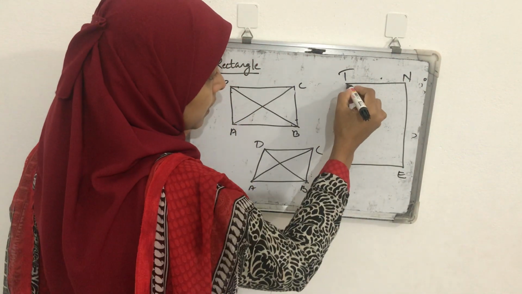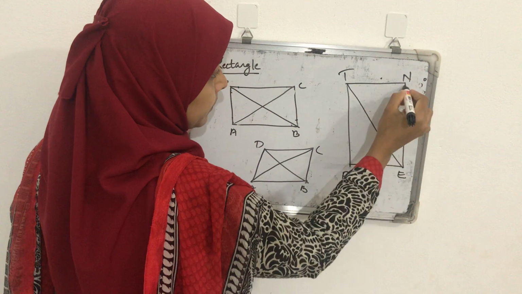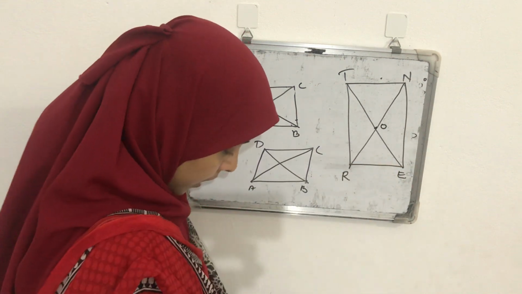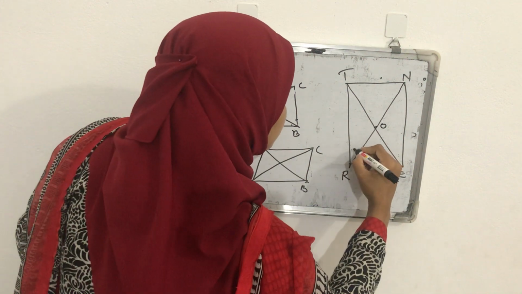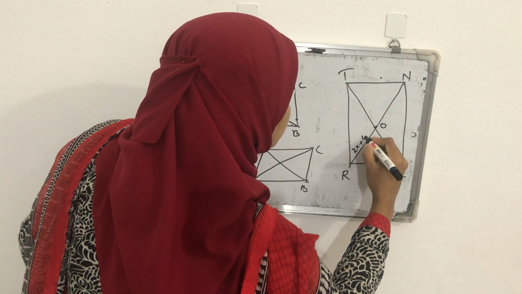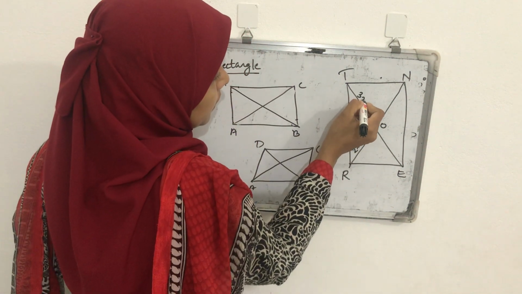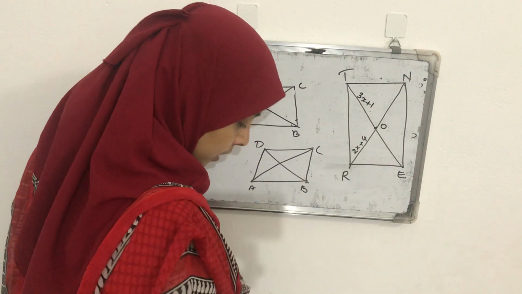These diagonals are marked like this, and the meeting point is O. This side length is given as 2x plus 4, and this side is given as 3x plus 1.